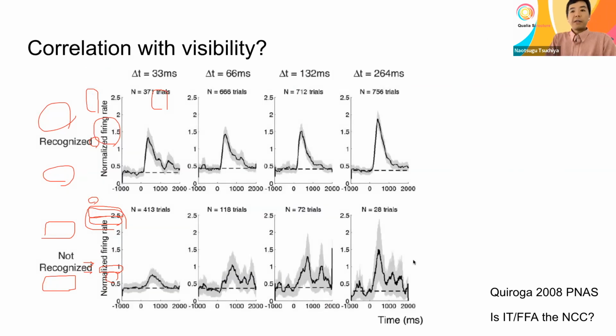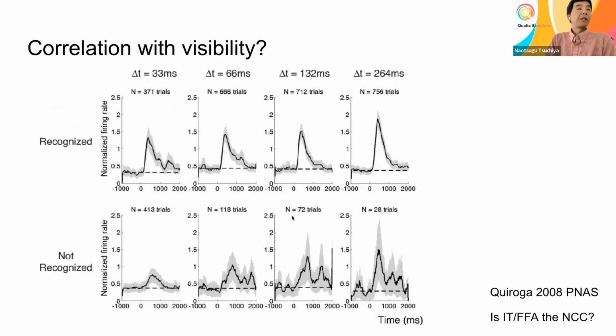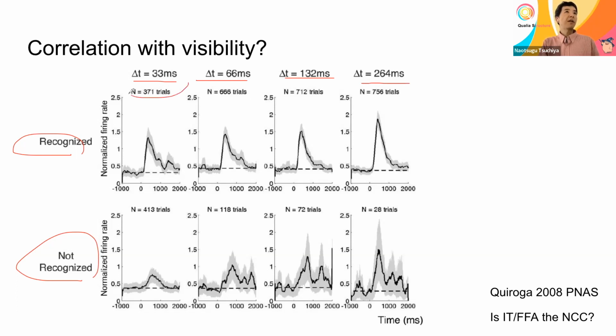And this is the average of other different neurons and also different stimuli. So here's the recognized trial average, and this is the unrecognized trial average, when the duration is changed from 32 to 60 to 64 milliseconds. As you can see, even if the duration is very brief, when the image was recognized, the response is very big.